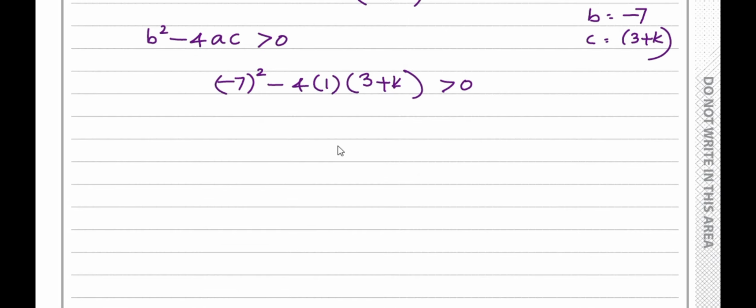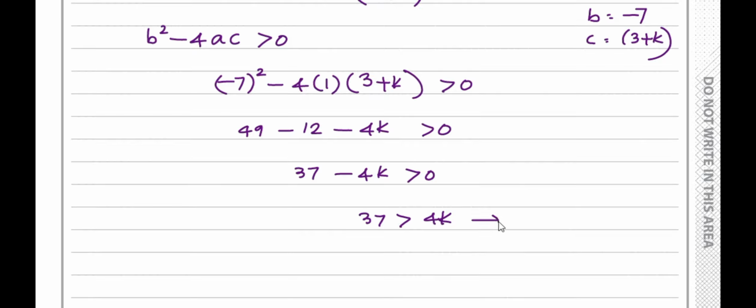That means (−7)² is 49, minus 4 times 3, 12, minus 4k is greater than 0. Simplifying this, 37 − 4k should be greater than 0. That means 37 should be greater than 4k, leading to k being less than 37/4.